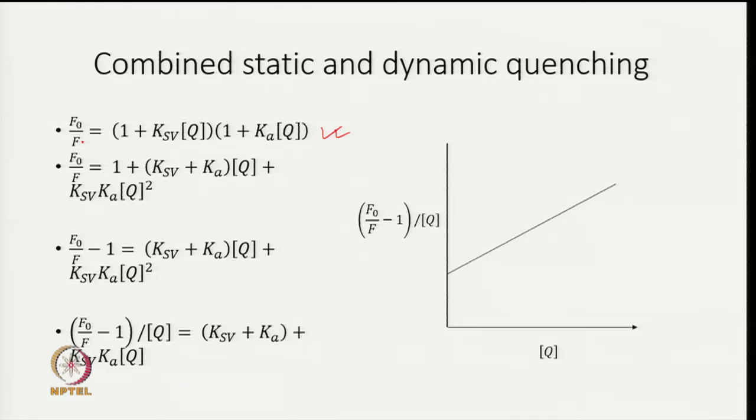If the quenching is through both static and dynamic quenching, and if we expand, then we will get 3 terms, and if I take 1 to this side, what I will get is F naught by F minus 1 is equal to K S V plus K A into Q plus K S V into K A multiplied by Q square.